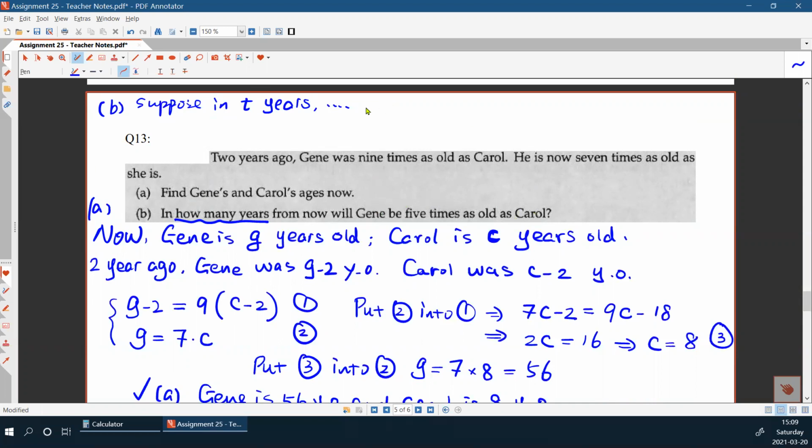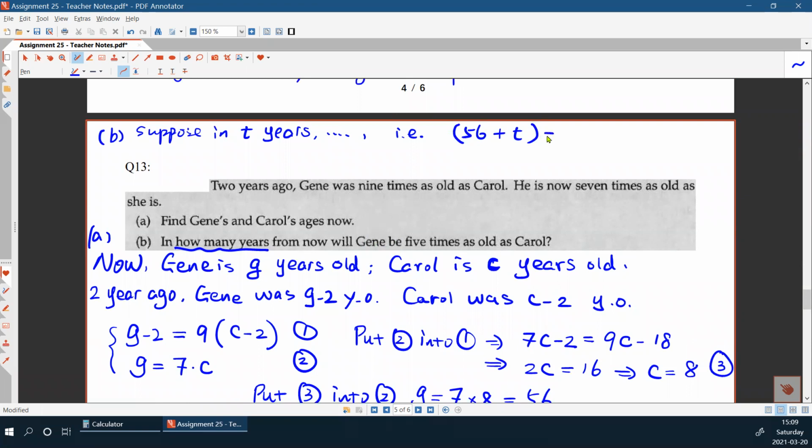So that means in T years, how old will Jean be? Jean will be 56 plus T years old, right? And it should be 5 times as old as Carol. How old will Carol be? She will be 8 plus T years old, right?